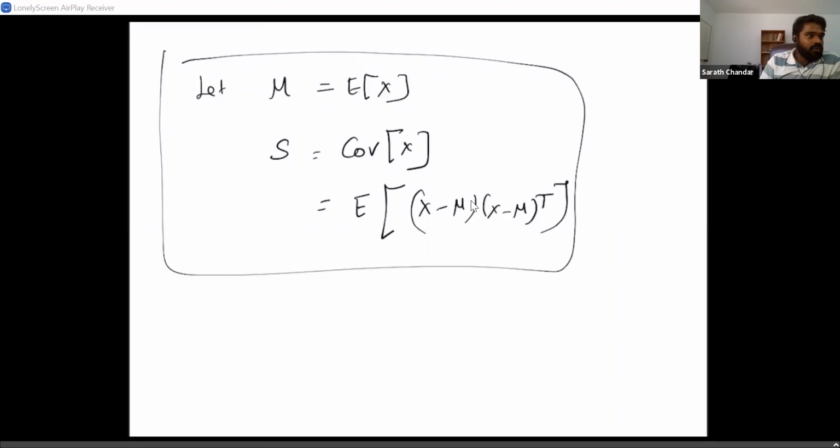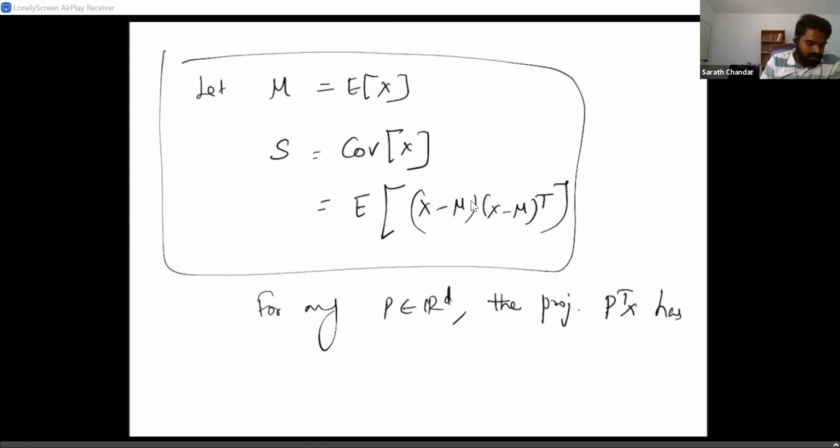Now let's say for any p belonging to R^d, we take the projection p transpose X. What is the mean of the projection? It is the expected value of p transpose X, which is p transpose times the expected value of X, by linearity of expectation.